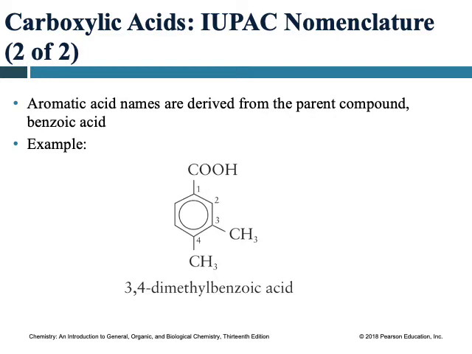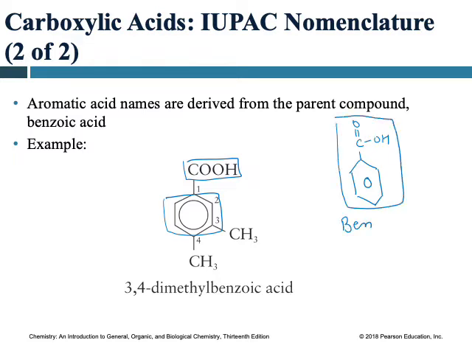Similarly, like for aliphatic hydrocarbons containing carboxylic acid, for a benzene ring, if a benzene ring contains a carboxylic acid, we have a special name. So what's the name? If you have benzene, and on benzene you have a carboxylic acid, the name of that particular compound is benzoic acid.